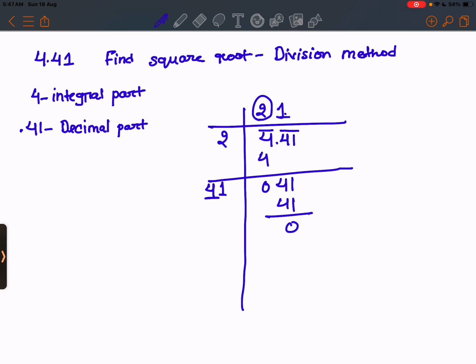Now when the 41 is inserted here, then after 2 we will place the decimal in the quotient. So the square root of 4.41 would be 2.1. This would be the answer.